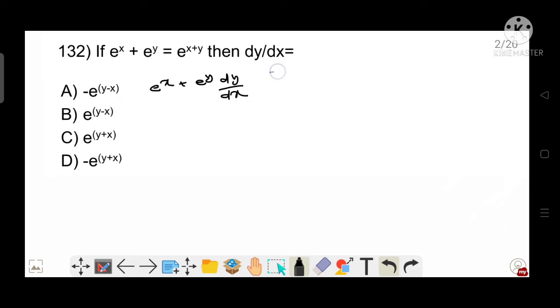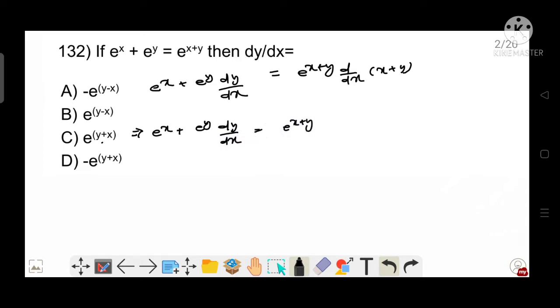Then e to the power x plus y with derivative of x plus y. So we can start again: e to the power x plus e to the power y dy by dx is equal to e to the power x plus y plus e to the power x plus y dy by dx of x plus y.